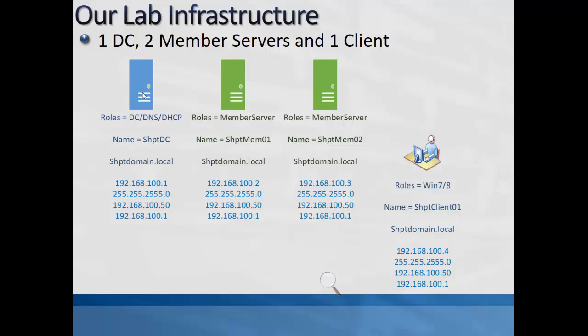Servers always should be given static IP addresses. What's a static IP address? Okay, so manually we put that address and it's not automatically received. So we already put the static IP addresses on the servers.